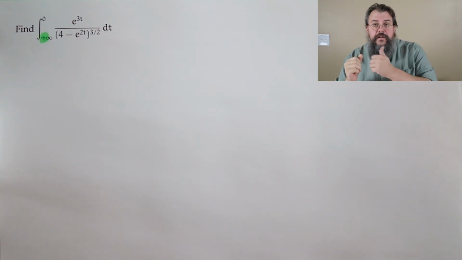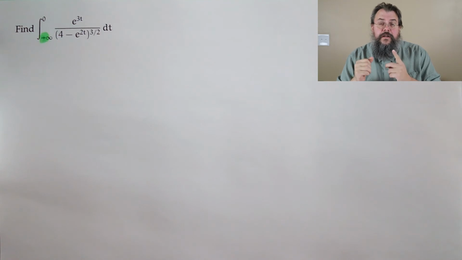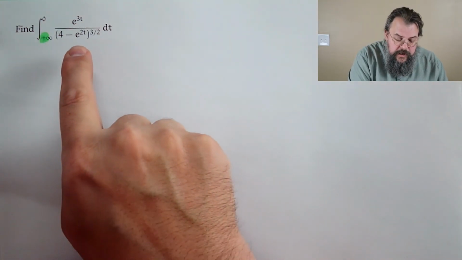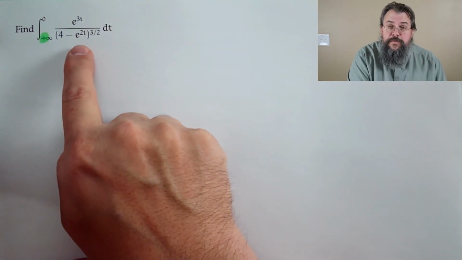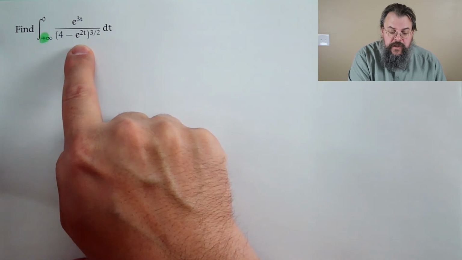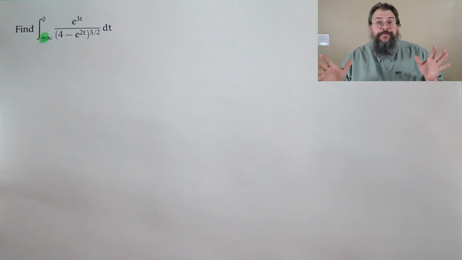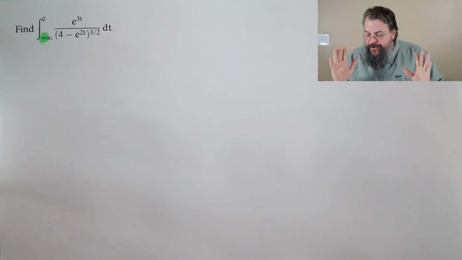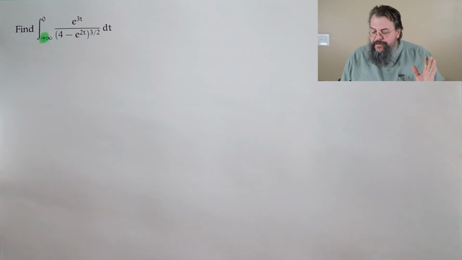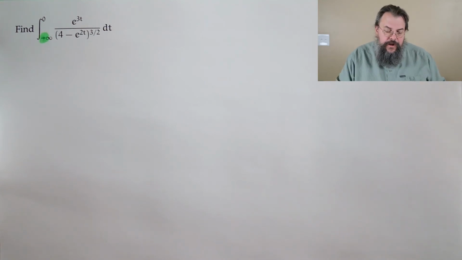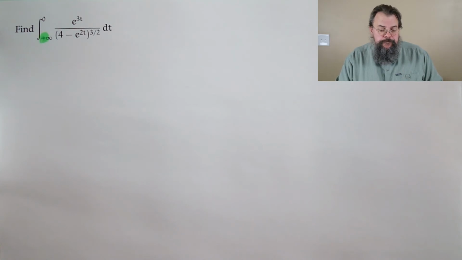As we head to 0, it goes to 1. So this e to the 2t is only going to be between 0 and 1. So if we take 4, subtract that, we're actually in pretty good shape because it's not blowing up. So we're okay. There is nothing wrong. The only real challenge is the infinity.